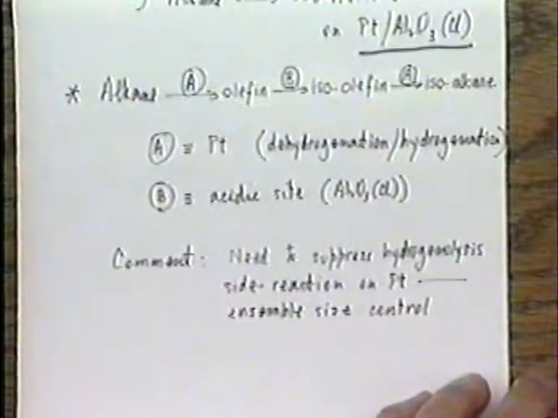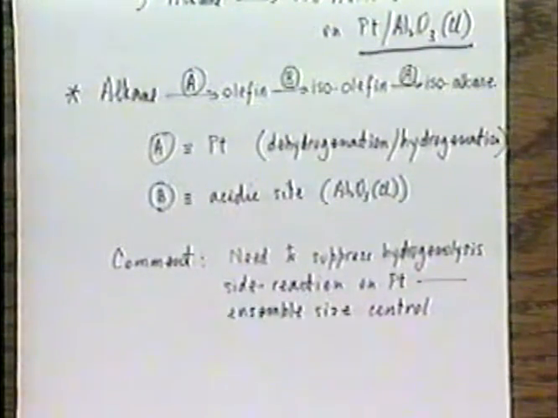And secondly, we note that platinum is a catalyst which will rupture carbon-carbon bonds in hydrocarbons. So hydrogenolysis would be a side reaction which one might have to do something about.